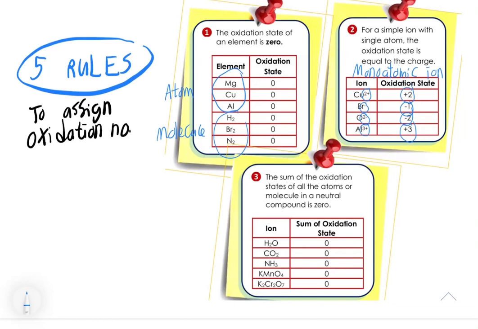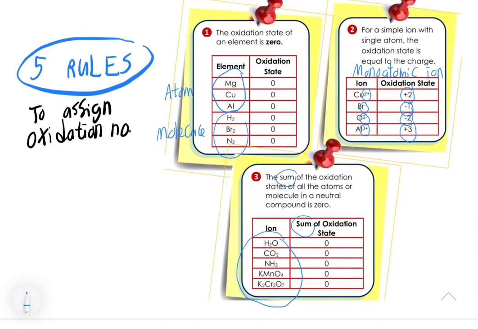Now, rule number 3, the sum of oxidation number in atoms or molecule that is neutral is 0. So for all these molecules or compounds, the sum is 0.